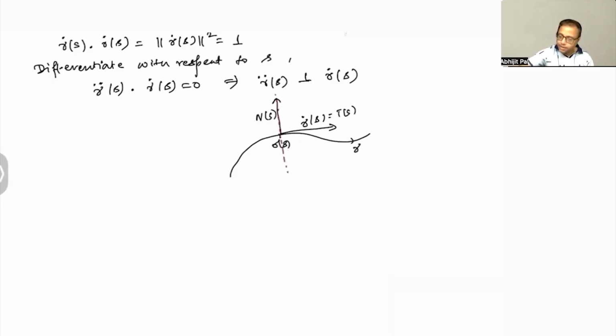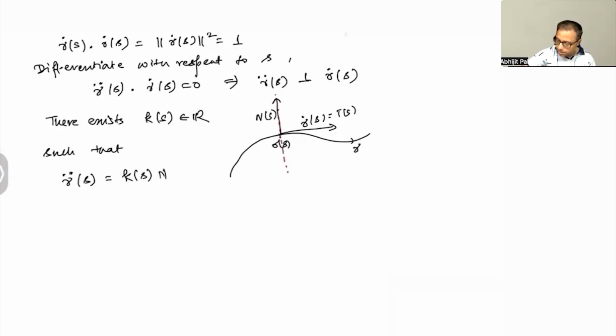Therefore, there exists some number k(s), which is a real number, such that gamma double dot s is equal to k(s) times the unit normal vector. Okay. All right.